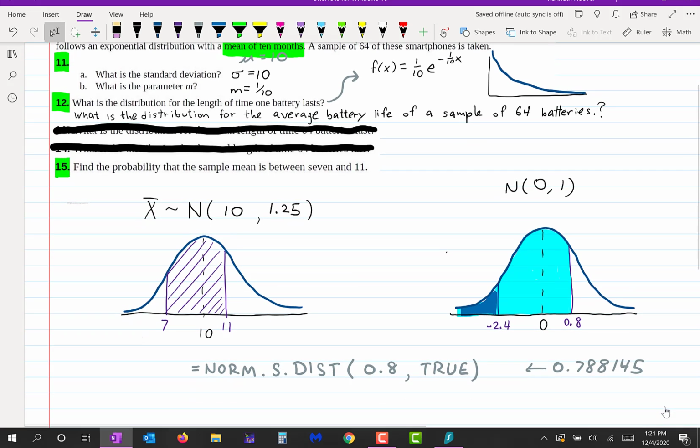So I go to Excel and I type in equals NORM.S.DIST parentheses negative 2.4 comma TRUE.